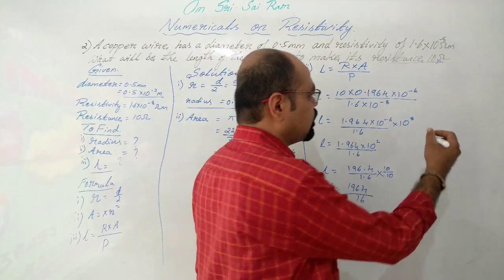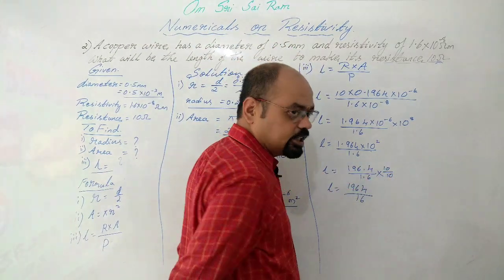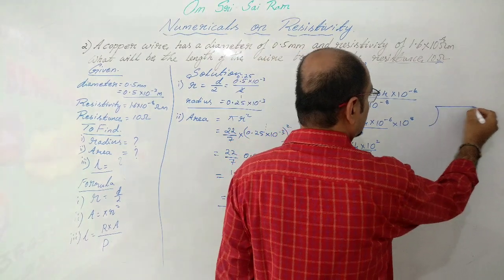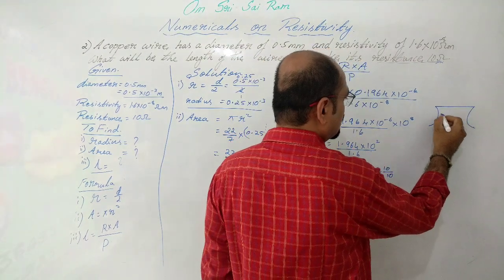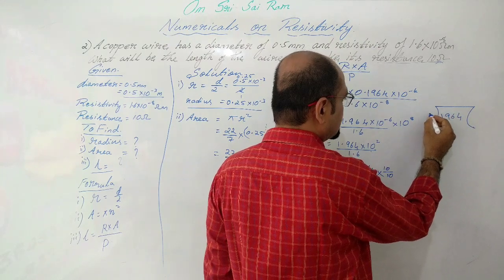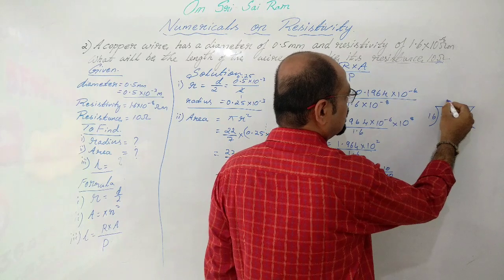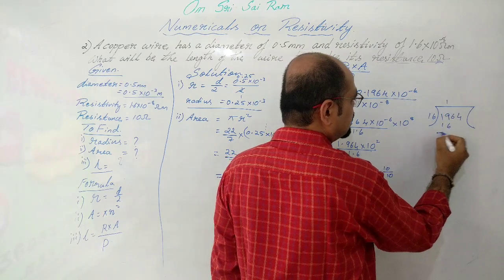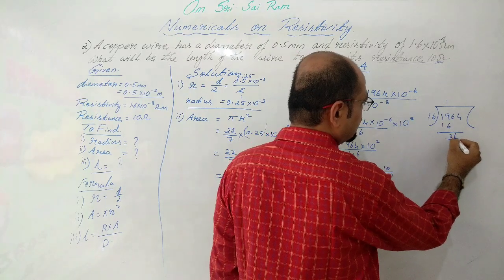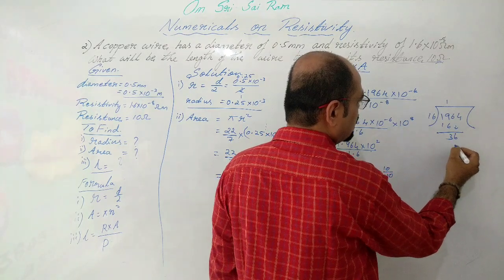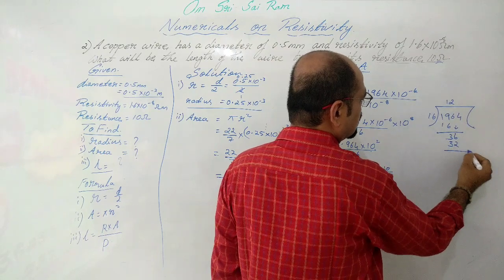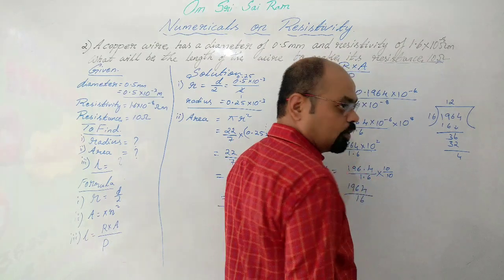Now 1964, let's do the division in the rough part. Let's start the division with 16. 16 ones are 16. 9 minus 6 is 3. So 6 carry. 16 twos are 32. 6 minus 2 is 4.